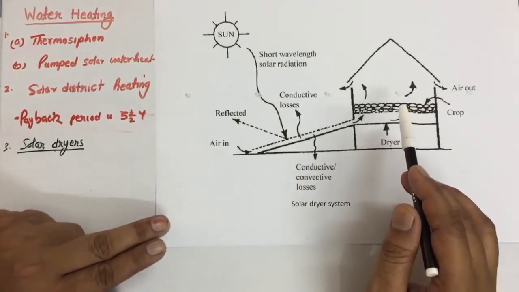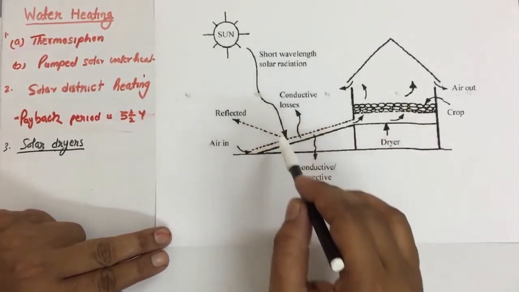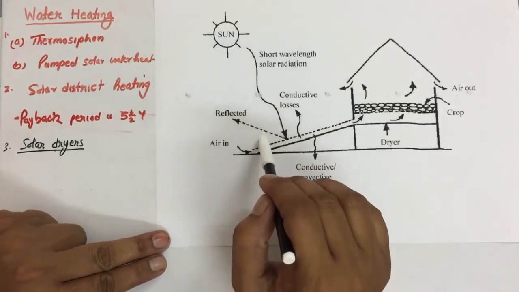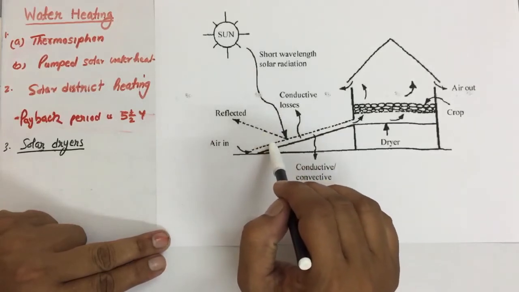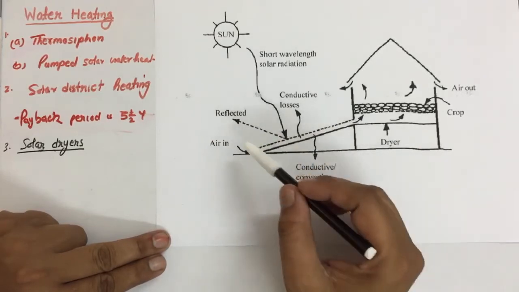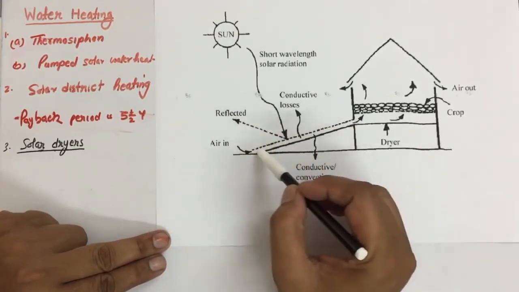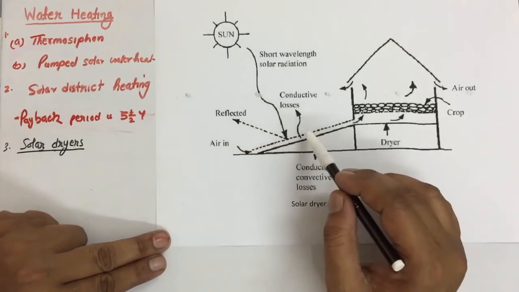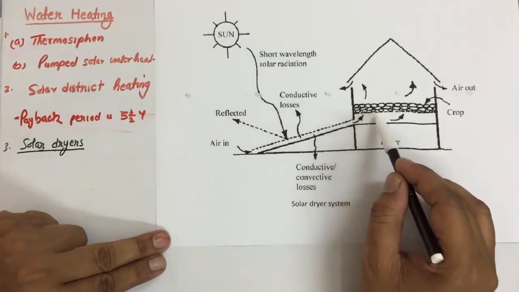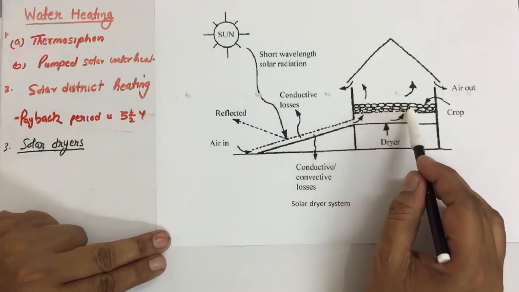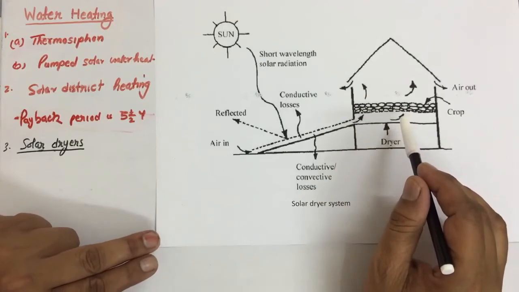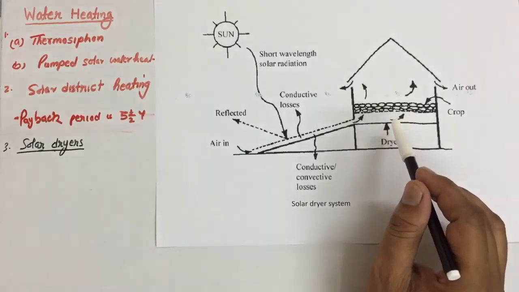So a solar dryer makes use of solar radiation, ambient temperature and relative humidity, and heated air is passed naturally or mechanically, forcefully circulated to remove the moisture from the placed material, that is the crop or any grains or coffee or beans or anything.